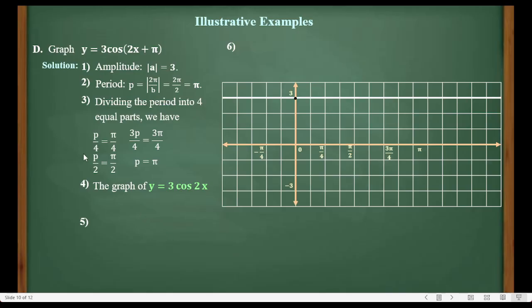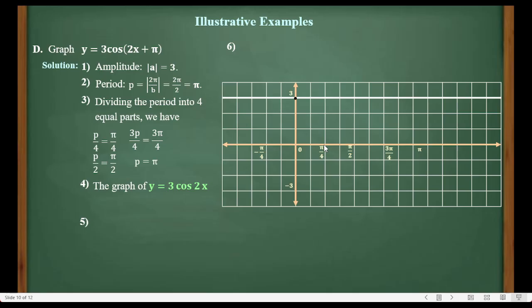So at this point, let us consider the pi over 4 value and substitute that to this mother function, particularly as the value of x. So 2 times pi over 4, that is pi over 2. So cosine pi over 2 is actually 0, times 3 is 0.